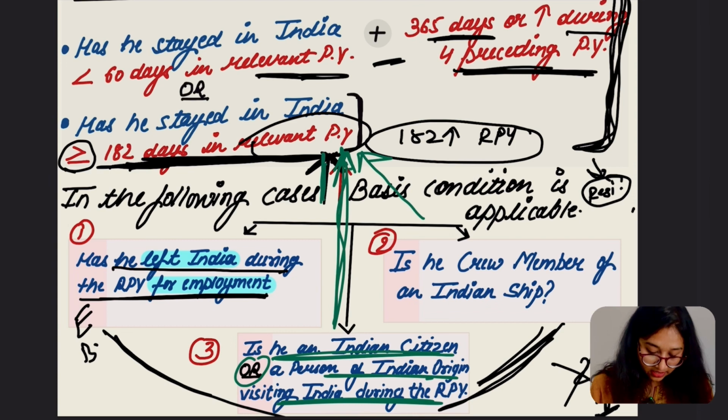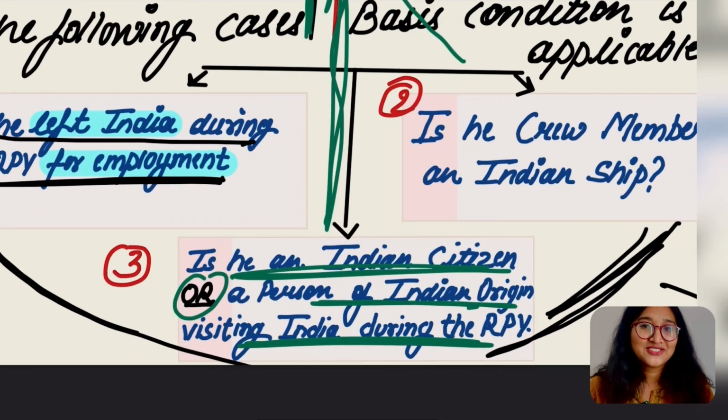Let's say it again. Let's divide the three conditions. If a person leaves India for what purpose? Employment purpose, right? Or business purpose, right? Second case, if a person is a crew member of an Indian ship. Again, one basic condition is there, right? Third, if a person is of which origin? Indian origin, right?